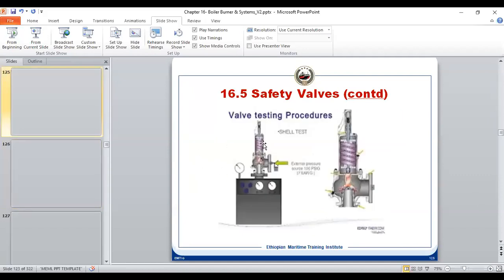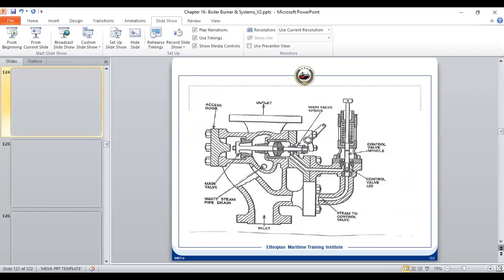Of course, this kind of unit we will only have in the manufacturer's place. We may not be on board. On board, we just use a normal bucket and a pump which can raise the pressure to what we want.